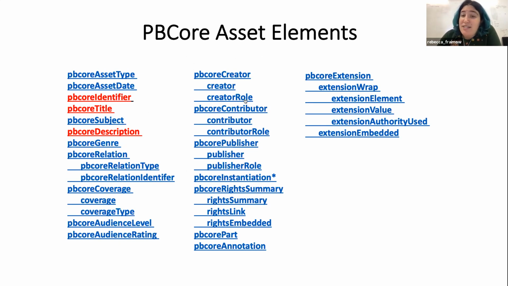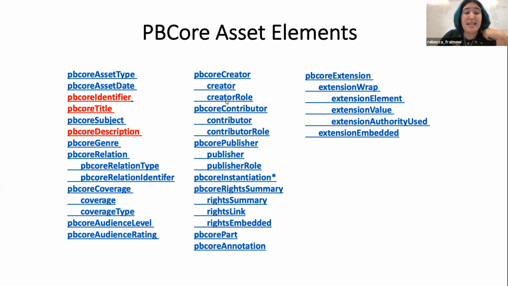And the reason those things need to be nested together is because if I just have an element that says PBCore creator, George Lucas, and creator role, director, without nesting these together, and then I have another creator that's PBCore creator, Mark Hamill, and creator role, actor, there's no way for me to tell, when I'm looking at that record, whether George Lucas is the actor and Mark Hamill is the director or vice versa.